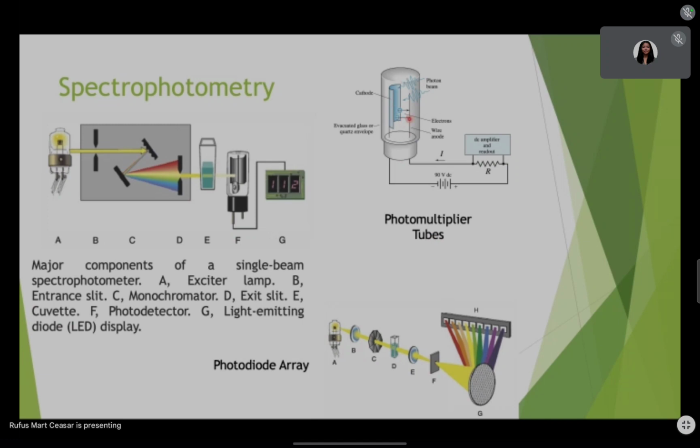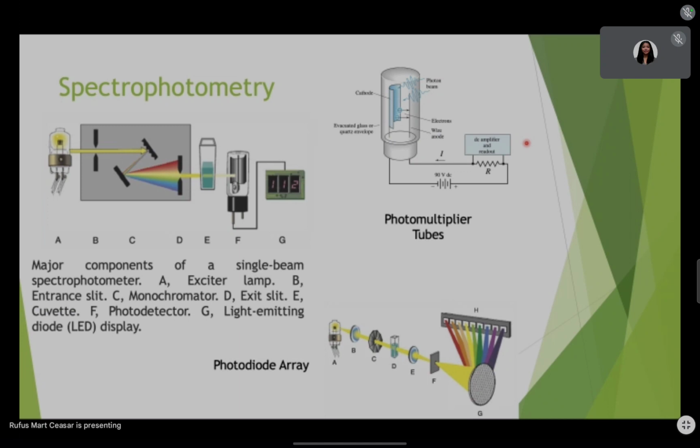Ang ginagawa nun ay ine-enhance niya lang yung signal. Nakalagay siya sa isang glass enclosure. Tapos yung anode, siya yung nagko-collect ng photons, ng signal from the photomultiplier tube.